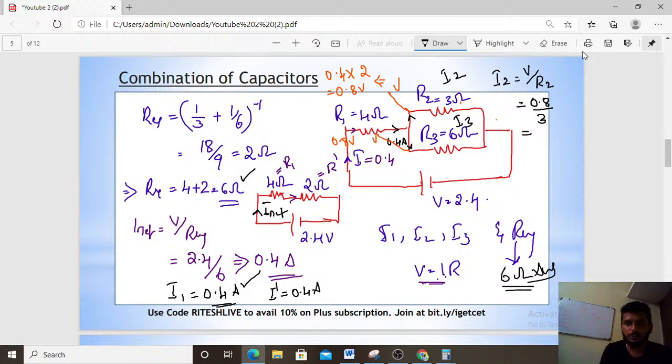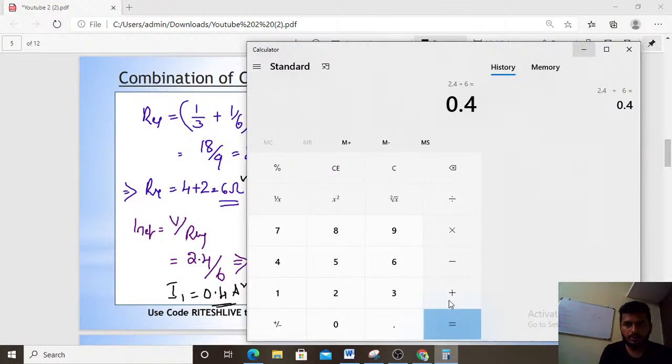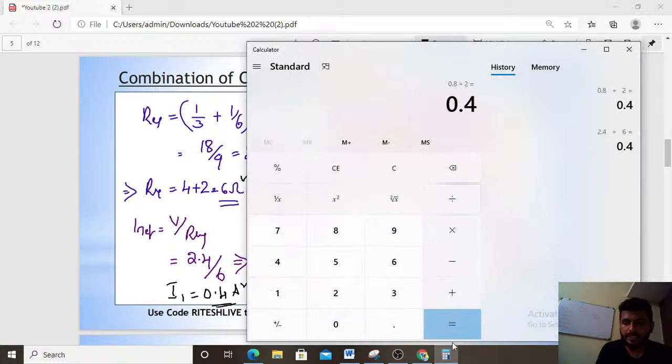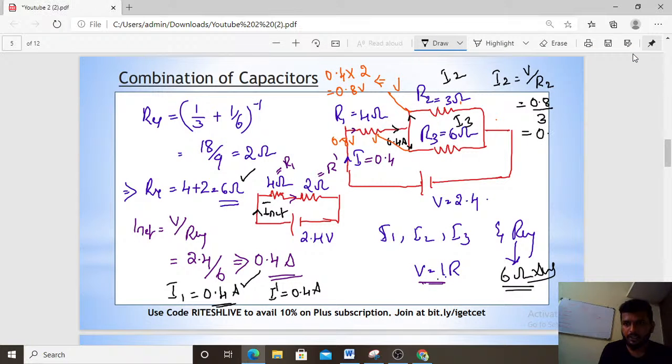So how much did I get for I2? 0.8 divided by 3, that is 0.266, right? So 0.26 ampere. Okay, so you can directly write this value, like 0.4 minus 0.26 will be this.